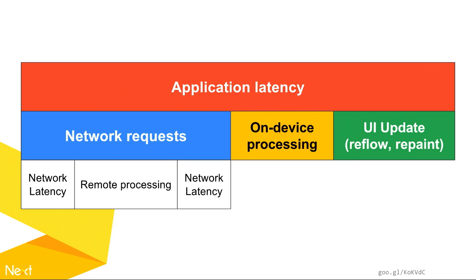And there may be some sort of on-device processing, like storing the results in a local cache or database, and then whatever happens in the UI, like reflows and repaints. These are all part of application latency. So this is what the user experiences.